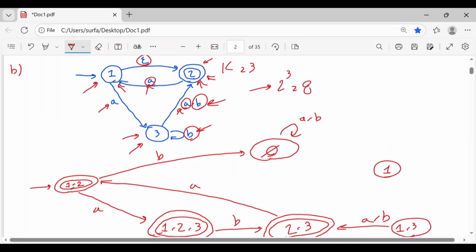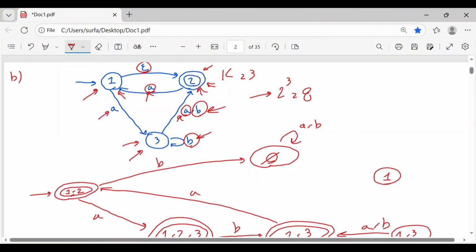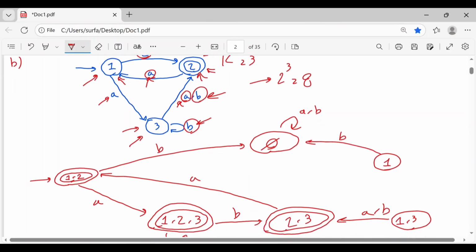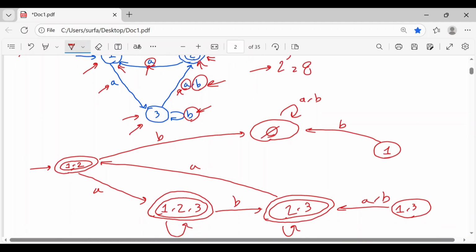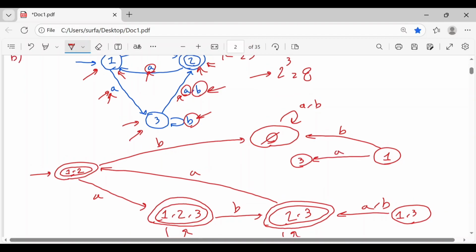If we are in state 1, we don't have any transition function for B, so we must go to this empty state here. But if we see an A, we can go to state 3 with this transition function. So we must add a new state here that only contains 3 with A like this. And after that, we are in state 3.